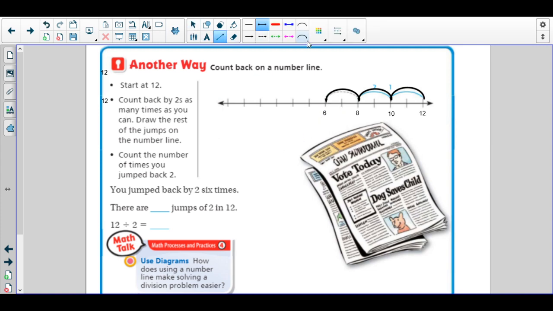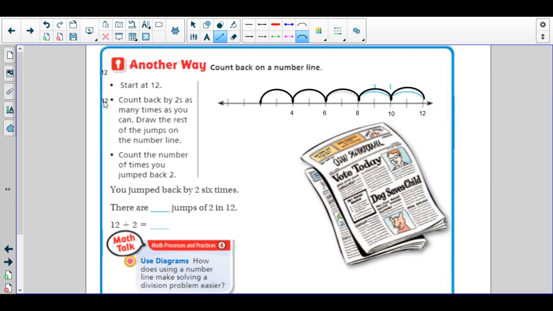Let's make another one from here to here. That is going to give us 4. We're getting closer to the end here.